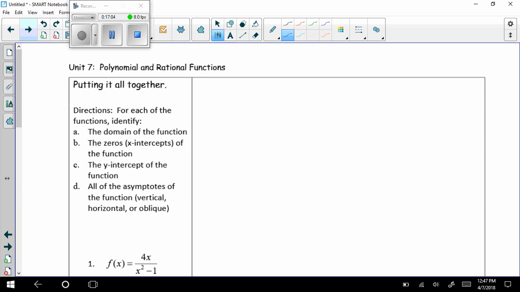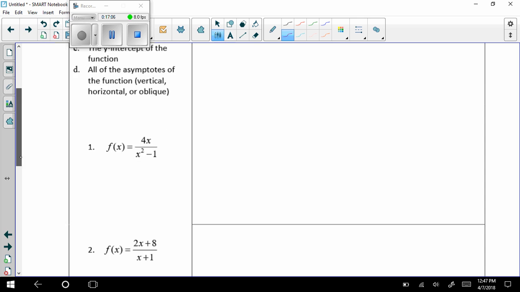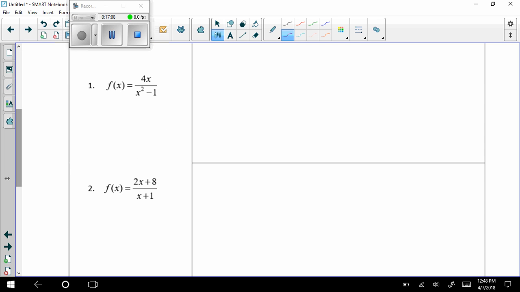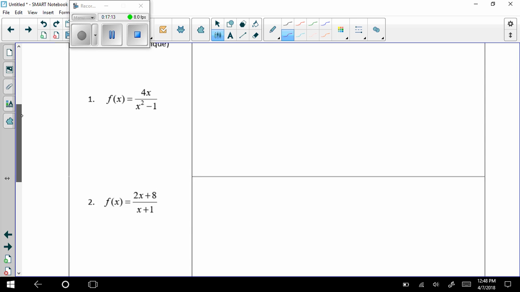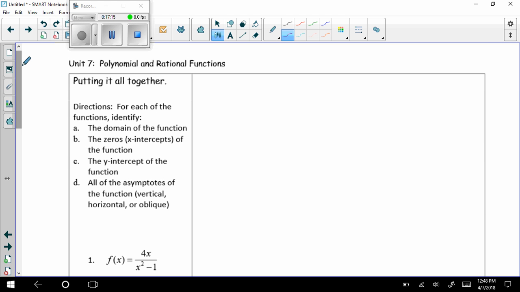Okay, putting it all together, because I'm going to ask you to do more than just tell me what the asymptotes are. So, reminders. We still have to find the domain, we still have to find the zeros, we still have to find the y-intercept, and we still have to find the asymptotes, because all of these things will help us graph. So x-intercepts, remember, this is set the numerator equal to 0.